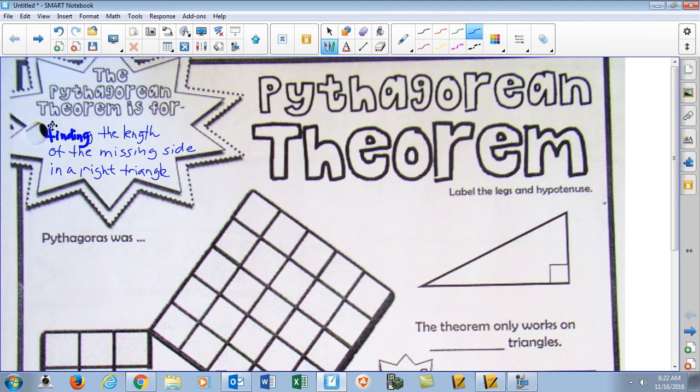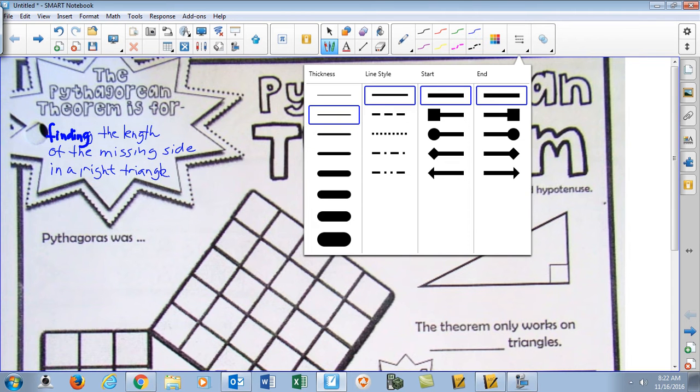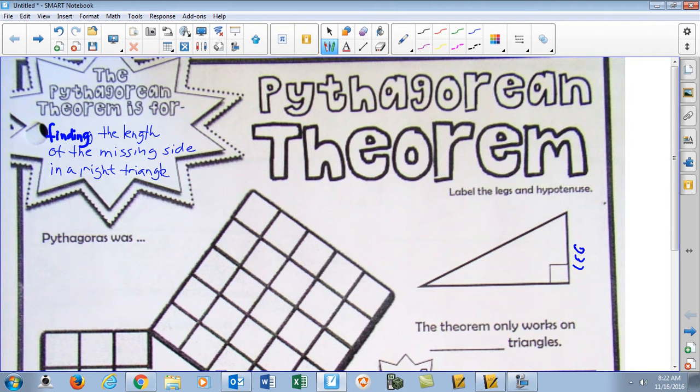So again, you can color in the Pythagorean Theorem here. Alright, the legs, remember? This is a leg of the hypotenuse. It's the shortest leg, which means it's what letter? A, B, or C? A. So this is A. The other leg is where the right angle connects to, right?